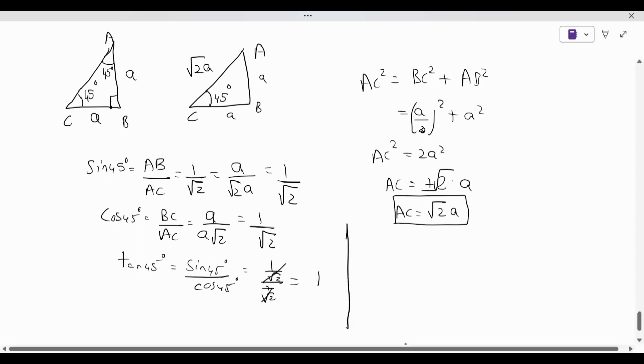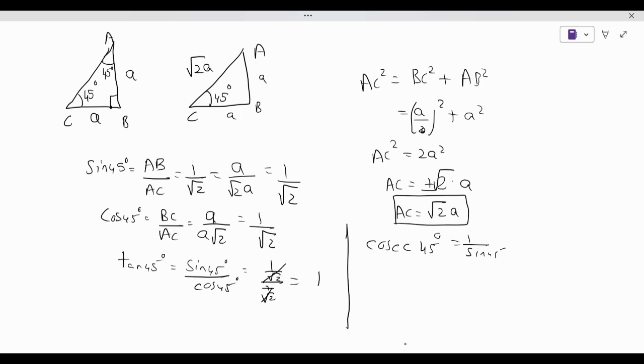Similarly, cosec 45 degree is equal to 1 by sine 45 degree, equal to root 2. Sec 45 degree is equal to 1 by cos 45 degree, equal to root 2.